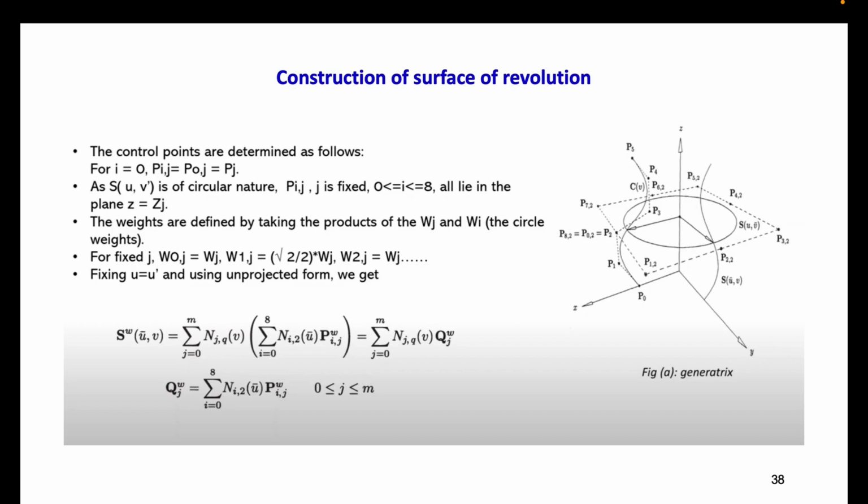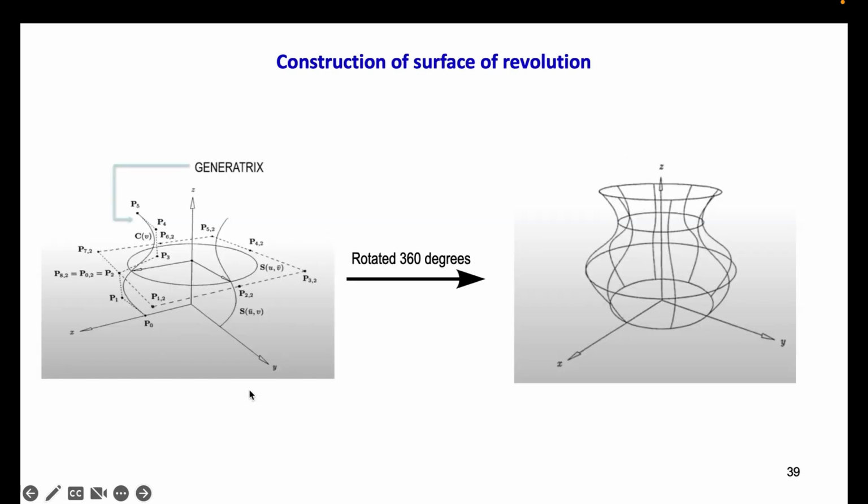For fixed j, w_0,j = w_j, w_1,j = root 2 upon 2 into w_j, w_2,j = w_j, and so on. Fixing u = u' and using projected form we get the formula shown below. And now when I use the generatrix and rotate it by 360 degrees, I get this shape, which is probably a vase.